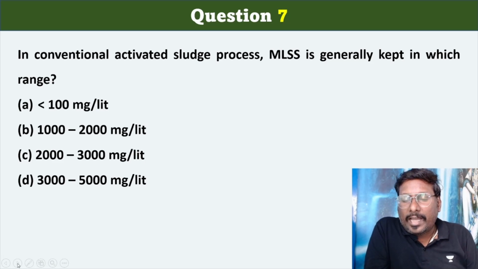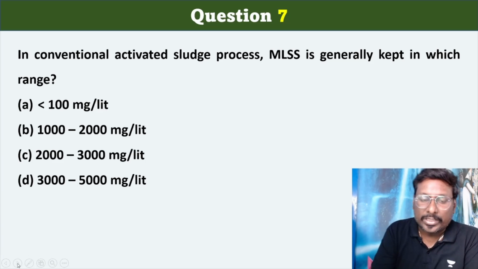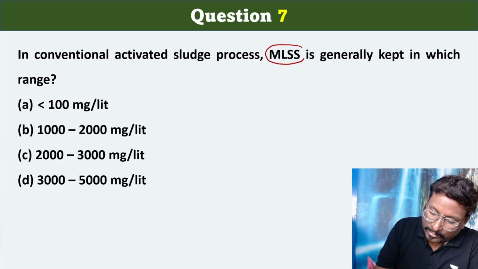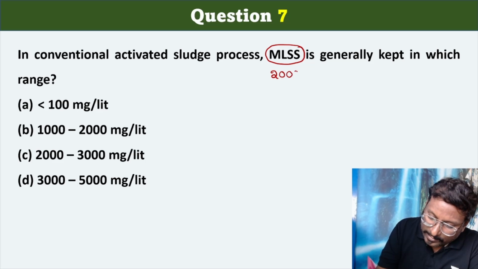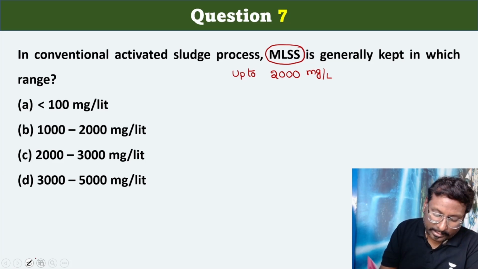In conventional activated sludge process, MLSS is generally kept in which range? Conventional activated sludge process generally takes MLSS up to 2000 mg per liter.